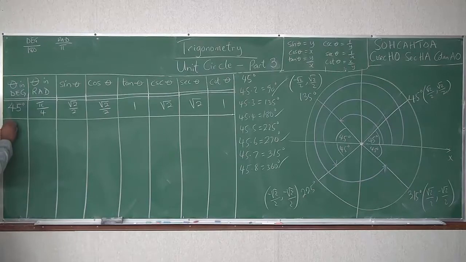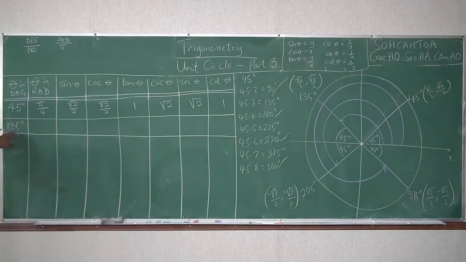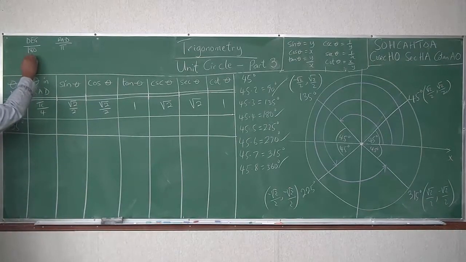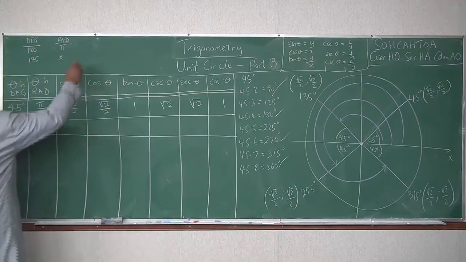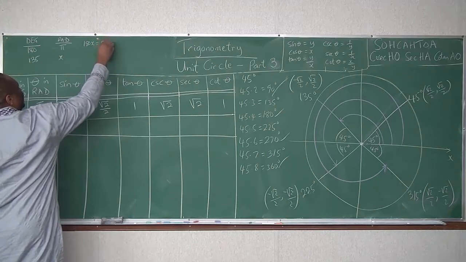We have that 135 degrees. What is it going to be? Now let's convert it. So 135 degrees is x. This means that 180x is equal to 135 pi.